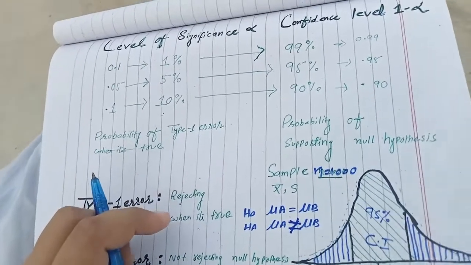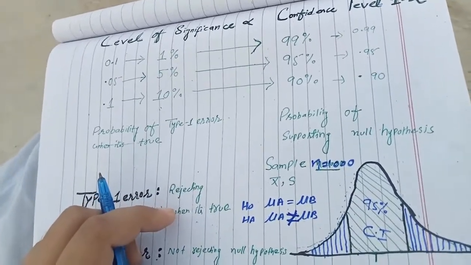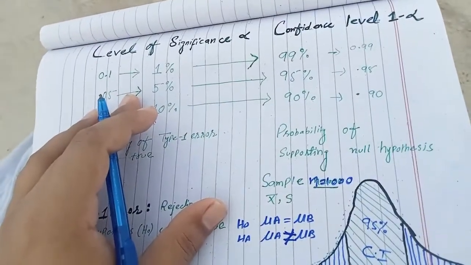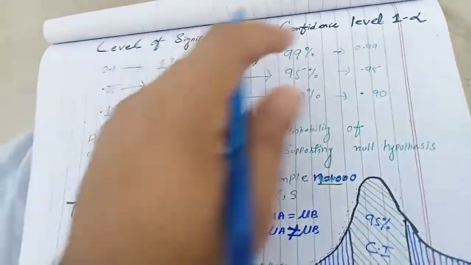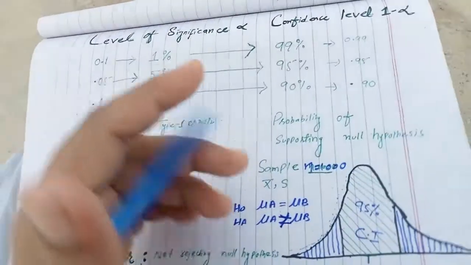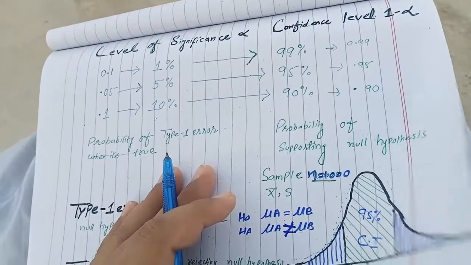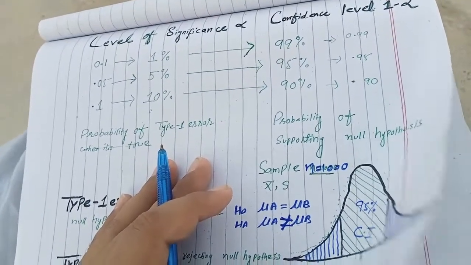Now, what is the confidence level? The level of significance says what percentage we are making a wrong decision or error. The confidence level says, when we are supporting the null hypothesis, what is the confidence level?